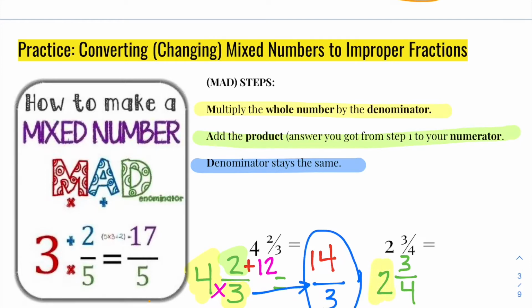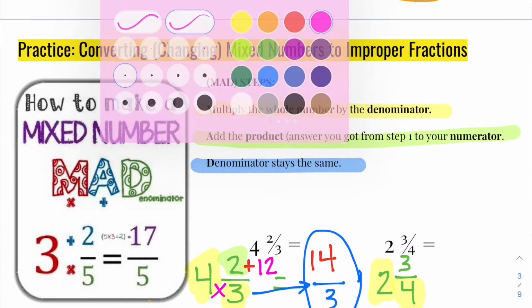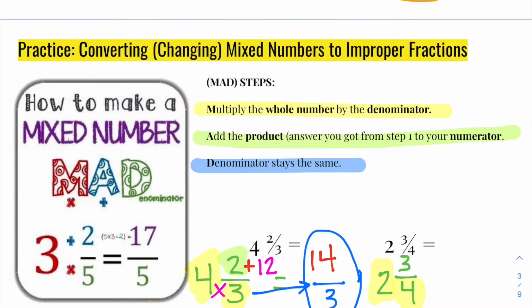Great, the whole number is 2, and the denominator is 4. Now, what do I do next? You're right, I multiply them together, and I get 2 times 4, which is 8.